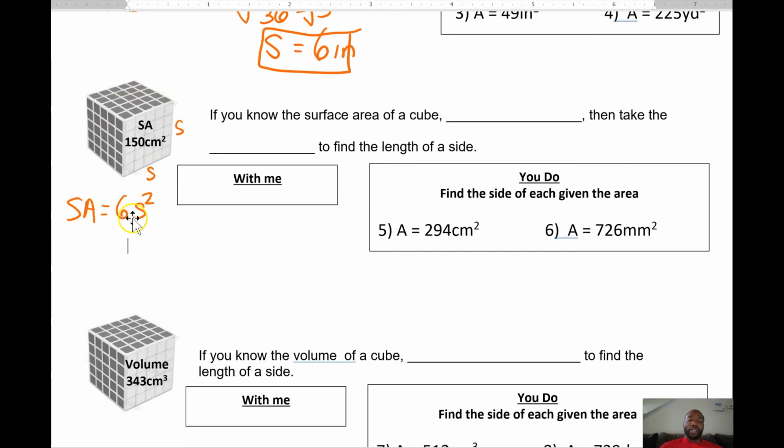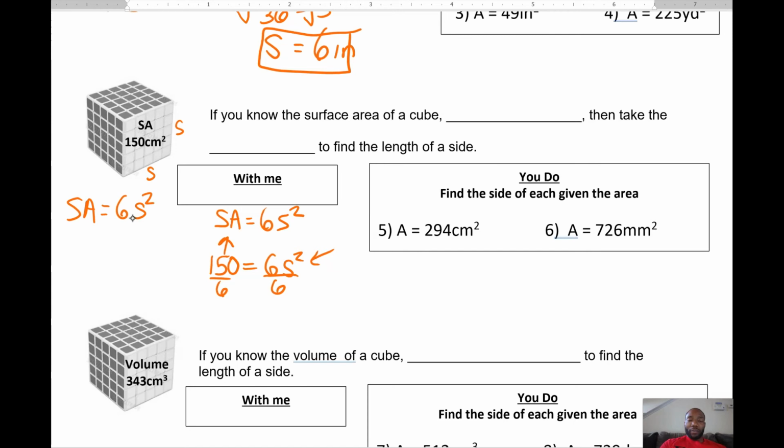So if I know that the surface area formula is 6s squared, and they tell me that the surface area is 150, I have to solve for s. And we've done this before, so I know that you have to divide by 6.